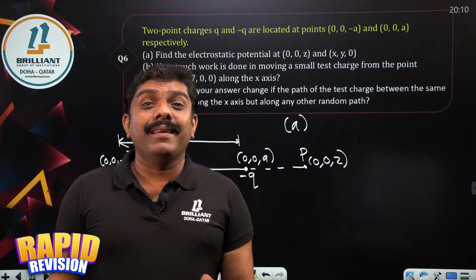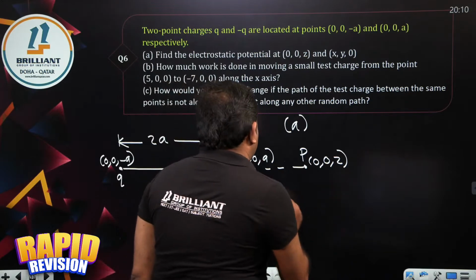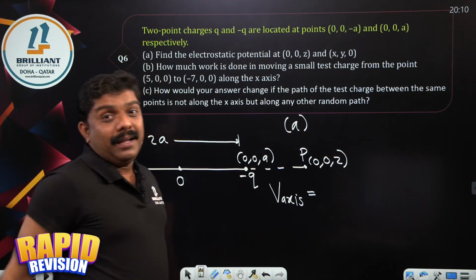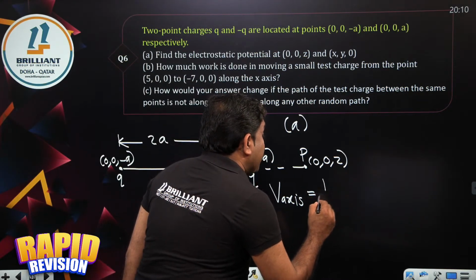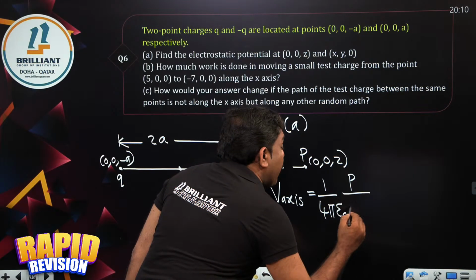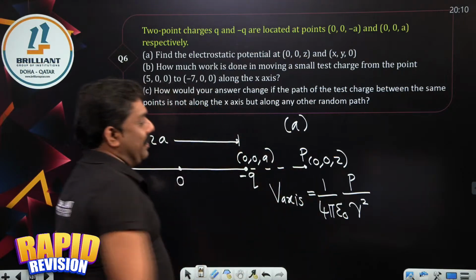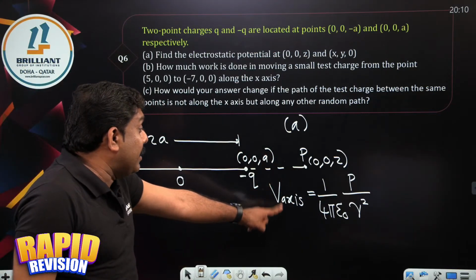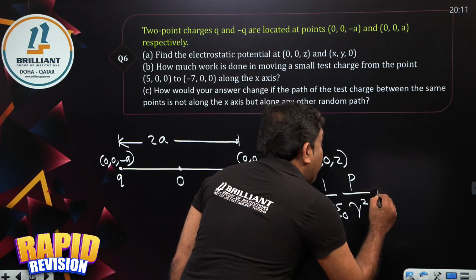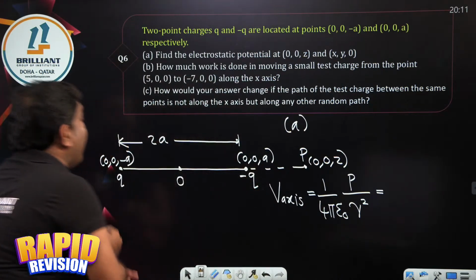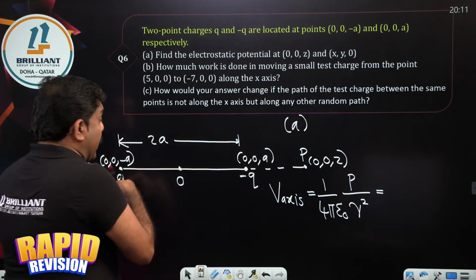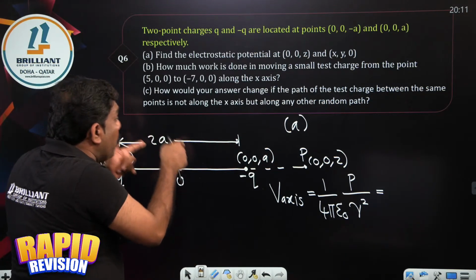We know the electric potential on the axis of the dipole. That is the V axial formula, and we are ready to write it: 1 by 4 pi epsilon 0 times P divided by R square. That is the potential on the axis of the dipole. So what is the P value here and what is the R value here? P is the electric dipole moment, the product of charge and separation, so Q into 2A.